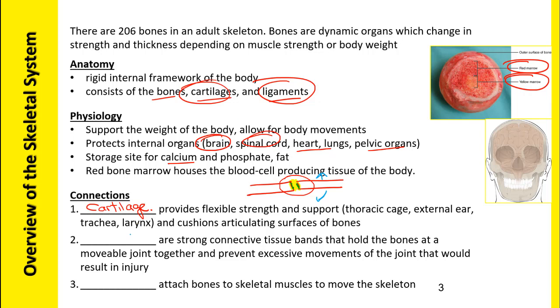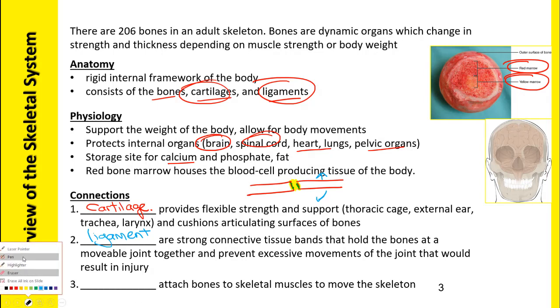Another aspect of the skeletal system is ligaments. Ligaments are strong connective tissue that hold bones at a movable joint together.